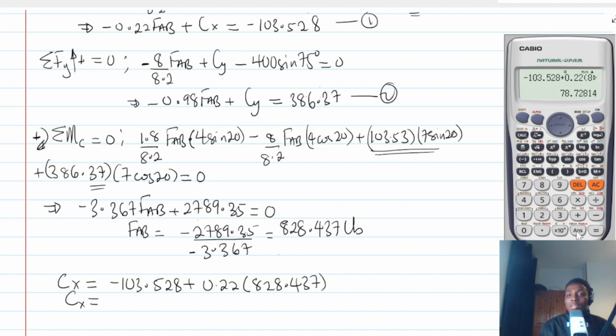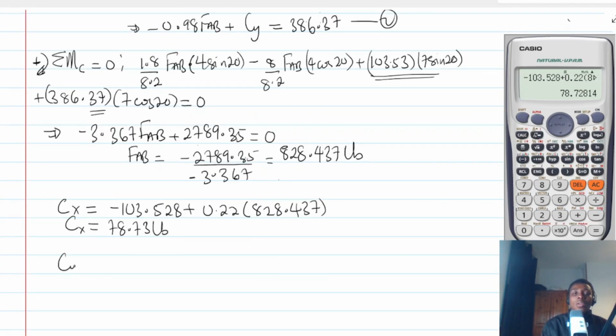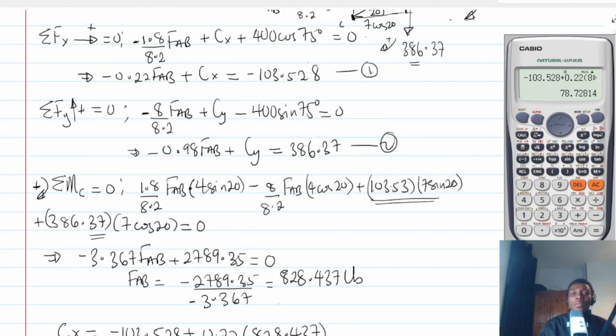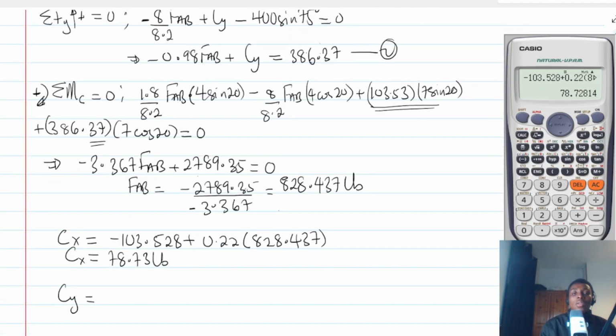So CX is 78.72, or let's say 73 pound. And then CY, so CY will also be what? CY will be 386.37, using the equations we have already developed, plus 0.98 FAB, which is 828.437.